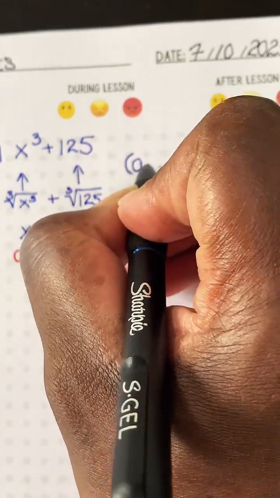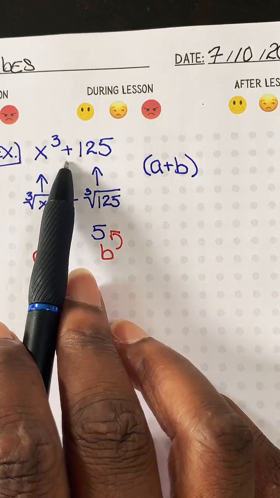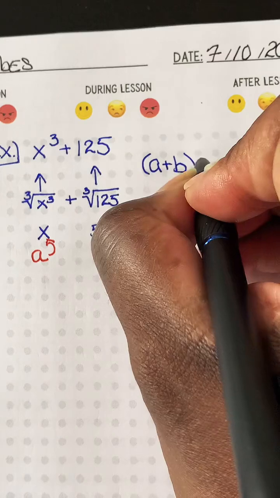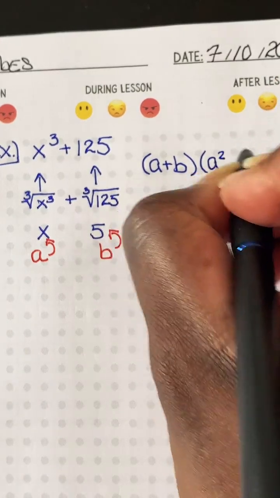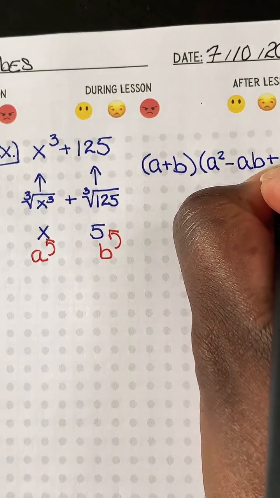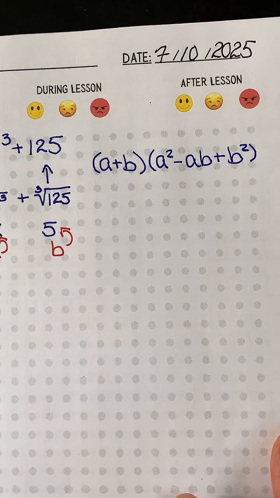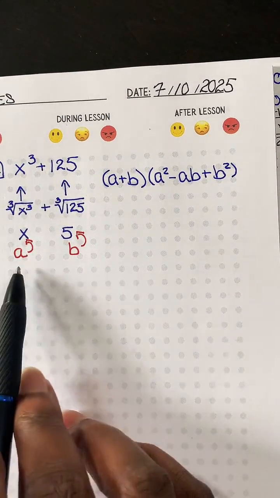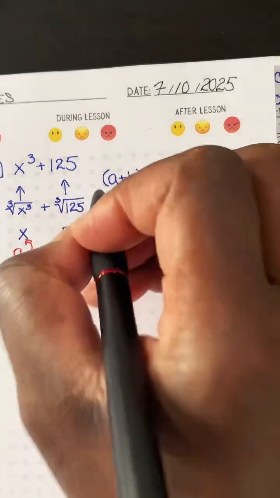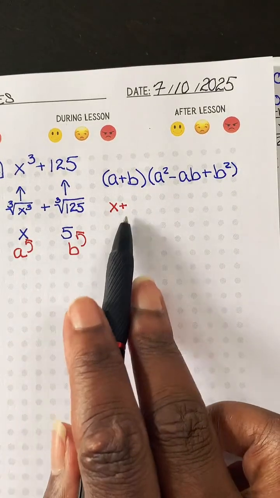So it's A plus B. The reason we're using plus is because my original had a plus sign, so we're using the sum of cubes. The rest of the formula goes my A squared minus my AB plus my B squared. All we're doing is substituting the x for the A, bringing down my plus sign, and substituting the 5 for the B.